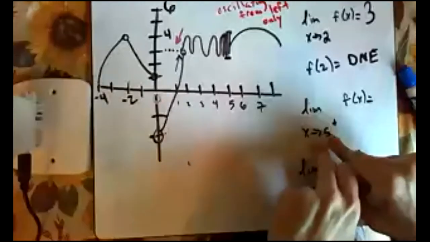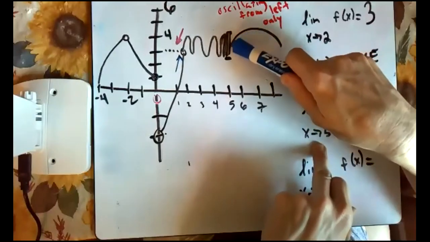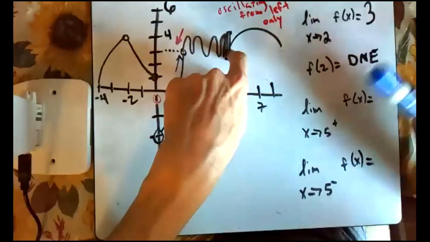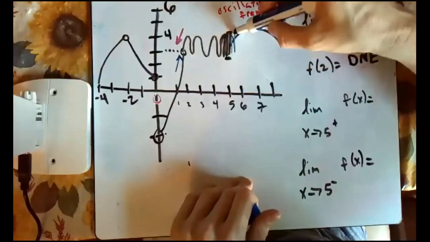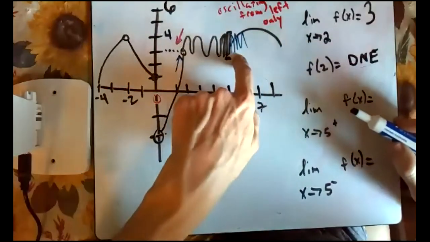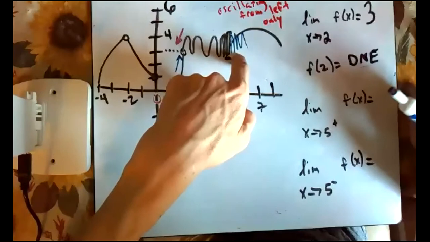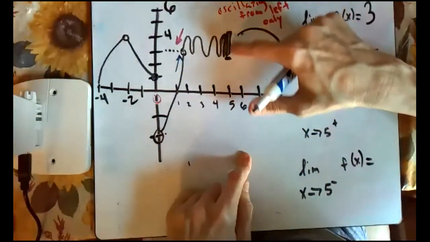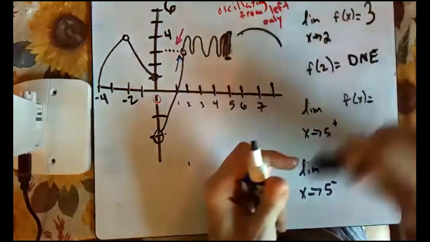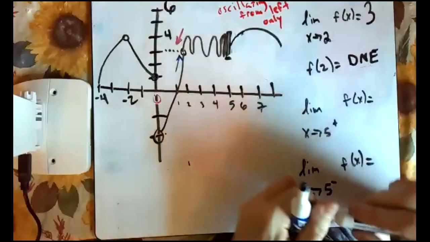So if we approach 5 from the left, this is us walking towards x equals 5 from the left. Remember, it's not squishing to the right of 5. If it was squishing to the right of 5, it would look like this, okay? If I had this right here instead, then that would indicate that, yes, it's oscillating to the right of 5, but it's not in this case. So if you have a nice, curvy line like we do right here, it's not oscillating from that direction.